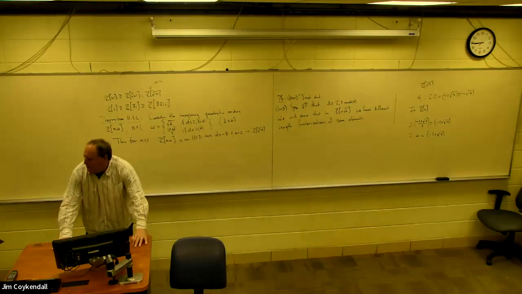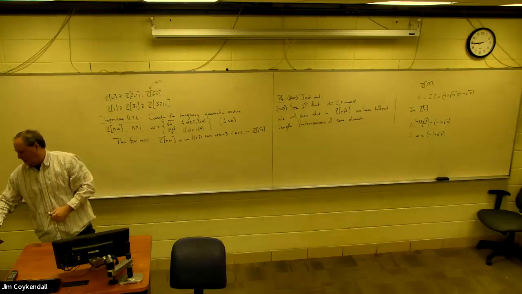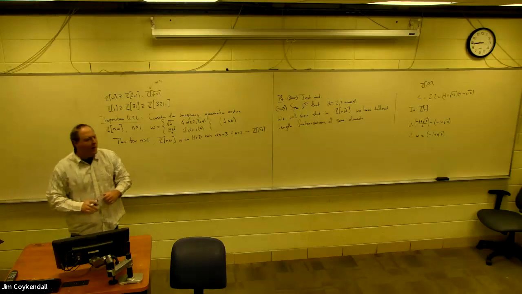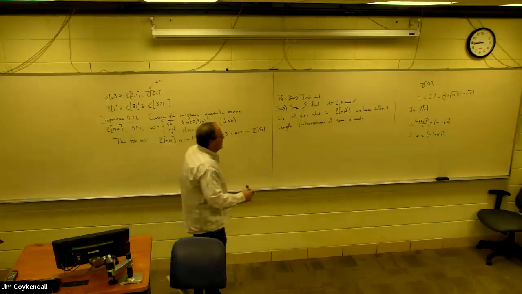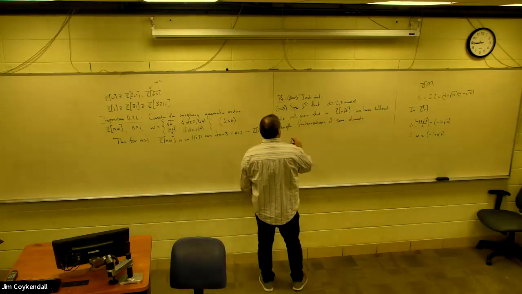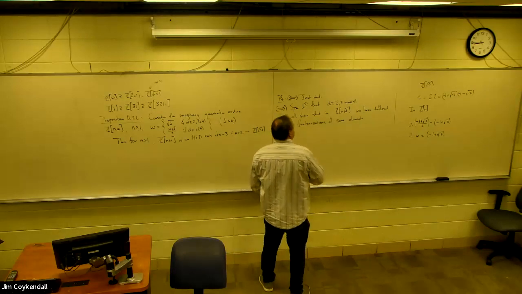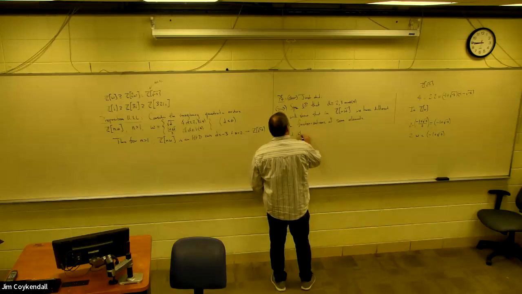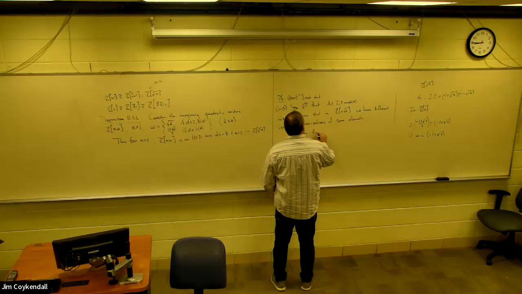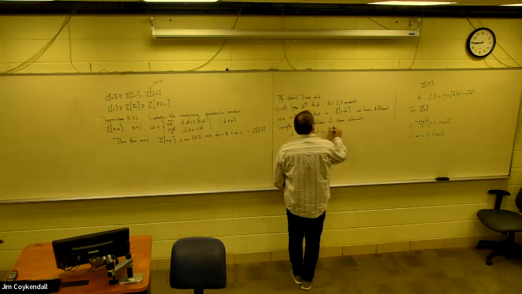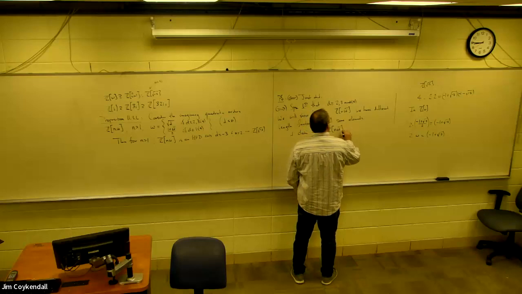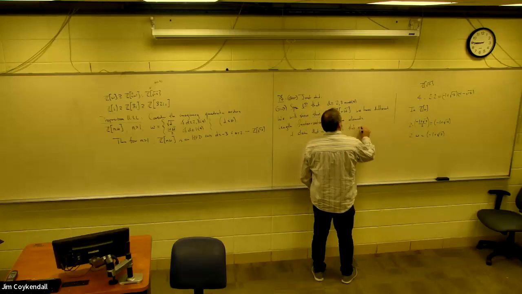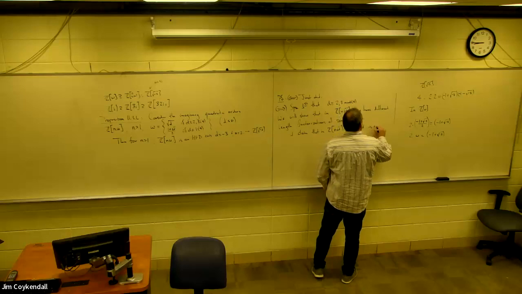Any ideas on how we might go about that? Well, I'm going to make a claim first. I claim that in Z adjoining n radical D, n radical D itself is irreducible.